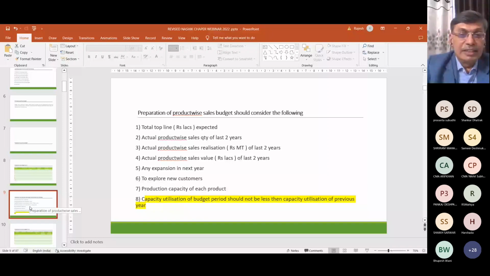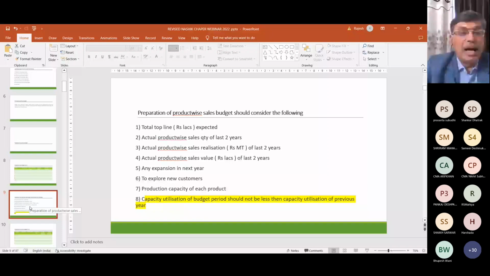Next is to explore new customers. Then the production capacity of each product, because sales cannot exceed the production capacity, and the capacity utilization in the budget year should not be less than the capacity utilization of the previous year.